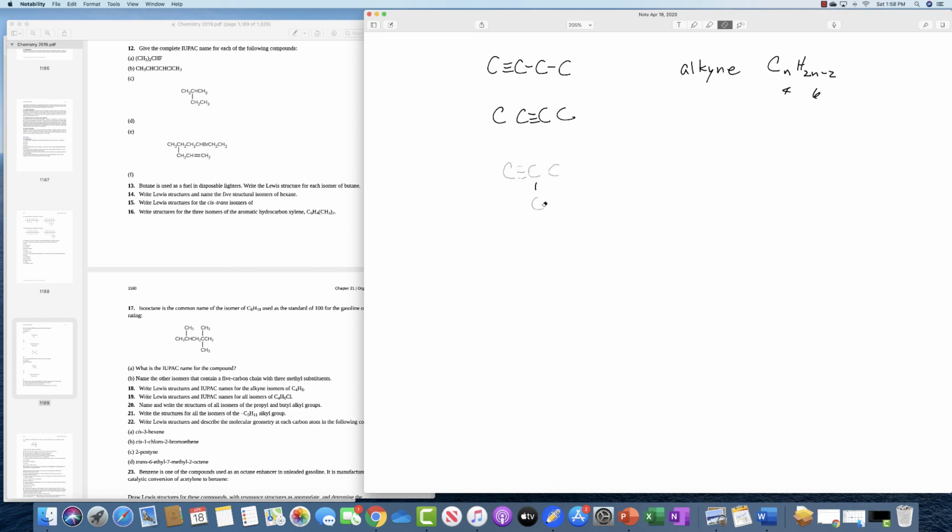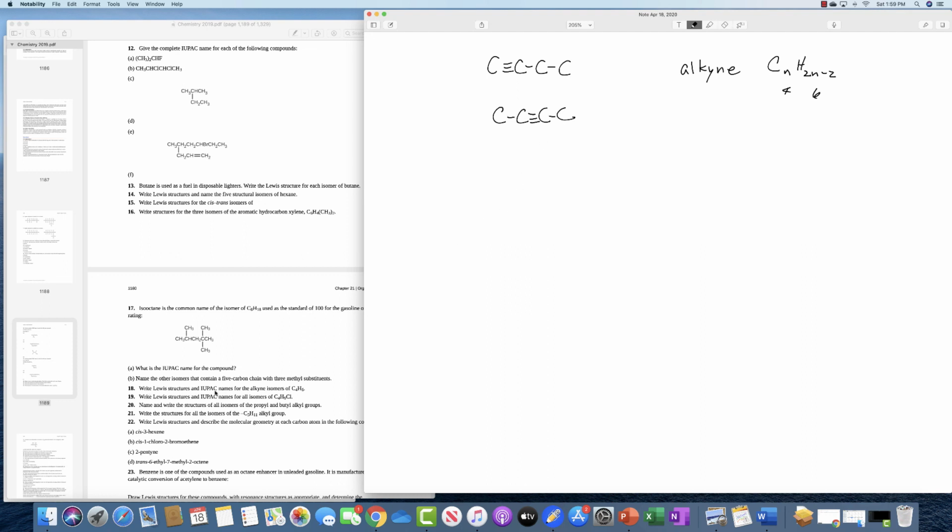So these are the 2 isomers of this alkyne. There aren't any other choices here. If you moved one, say put a carbon in the middle here, then there wouldn't be a bond for this side. So these 2 are it.